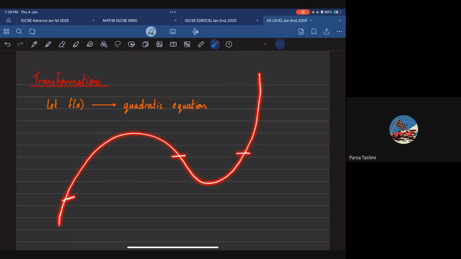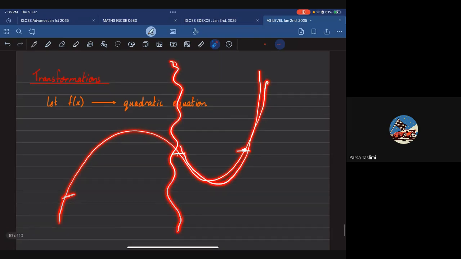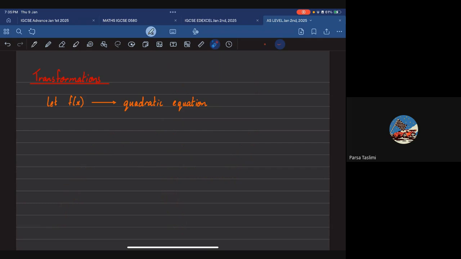So let's say you get a cubic equation in the exam or something like that. Still, a cubic equation, if you break it down, isn't it two parabolas as well? It's two curves. If you break it down from the middle, it is still two curves. So there's always an element of a quadratic equation in it, hence we're using it.